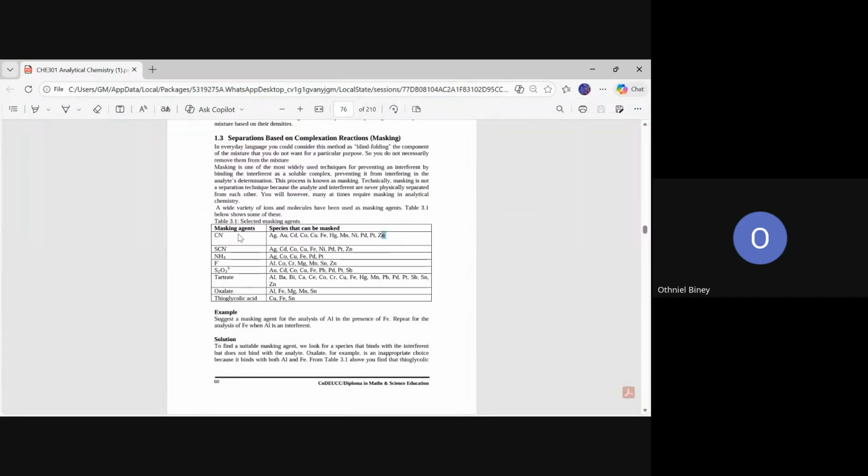If you used CN as a masking agent, it would mask both the iron and the zinc. That means at the end of the day, we wouldn't be able to achieve our goal, which is to extract or separate the zinc. Please, are you?